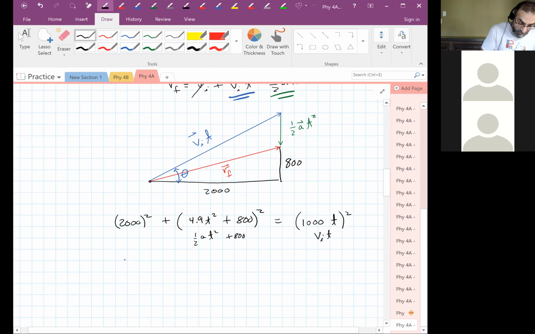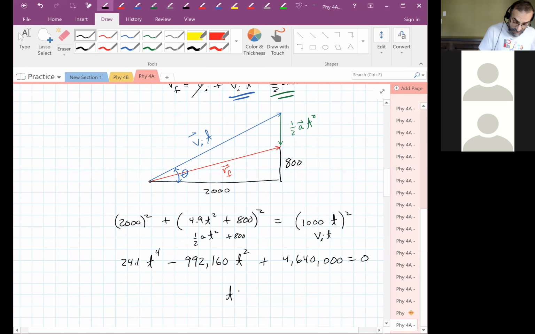I got 24.1 t to the fourth minus 992,160 t squared plus 4,640,000 equals 0.